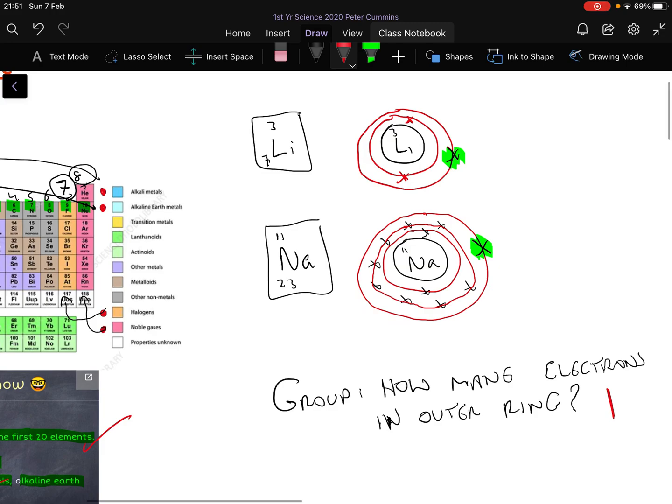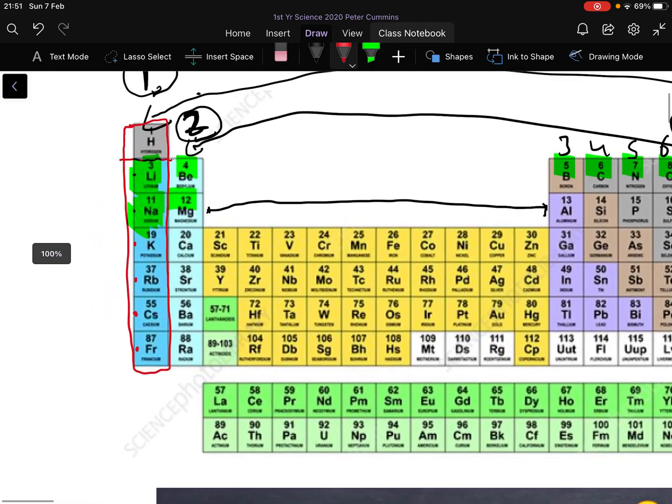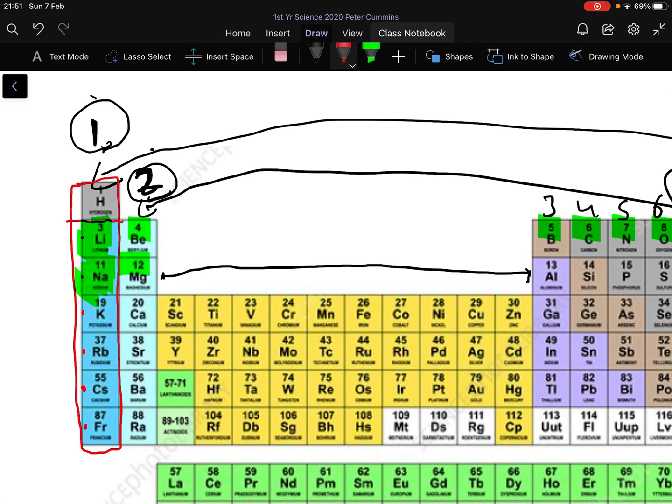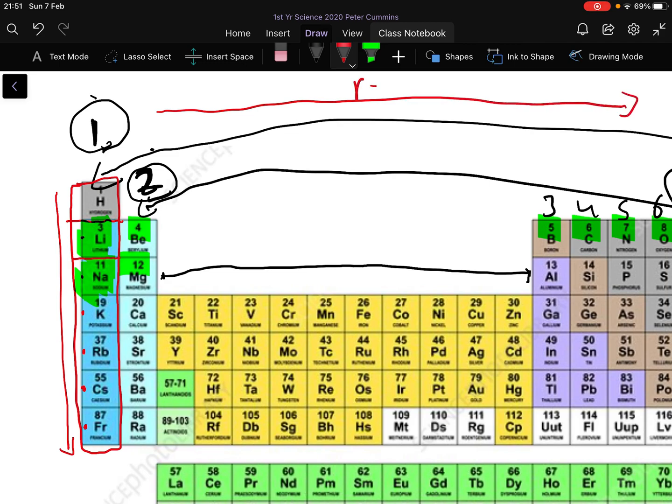Let's go back and see, are lithium and sodium in group 1? They are, aren't they? So what that's telling us is that all of the ones in group 1 have 1 electron in their outer shell. And you're wondering, what about the periods then? Because remember, the periods go across this way.